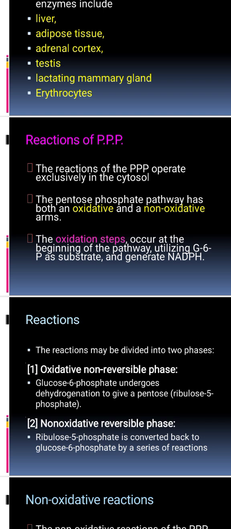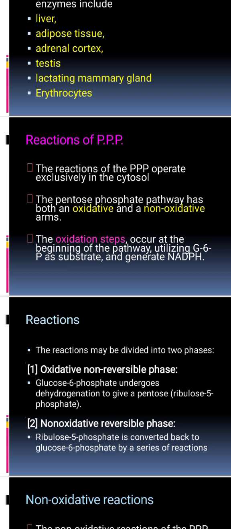The oxidative step occurs at the beginning of the pathway, utilizing glucose 6-phosphate as a substrate and generating NADPH. So the pentose phosphate pathway uses glucose 6-phosphate as substrate.